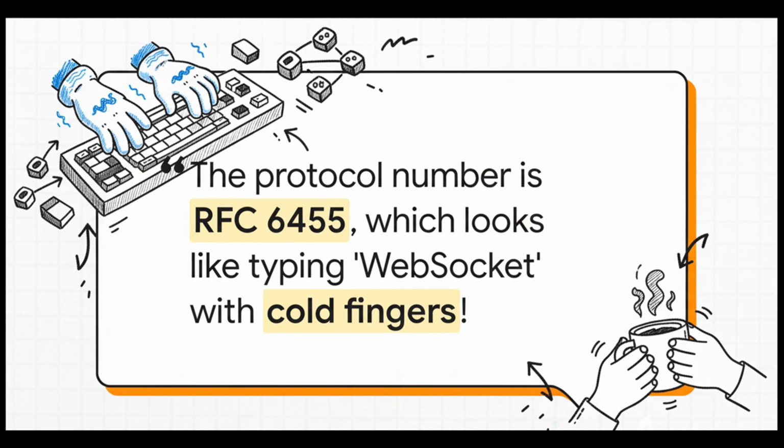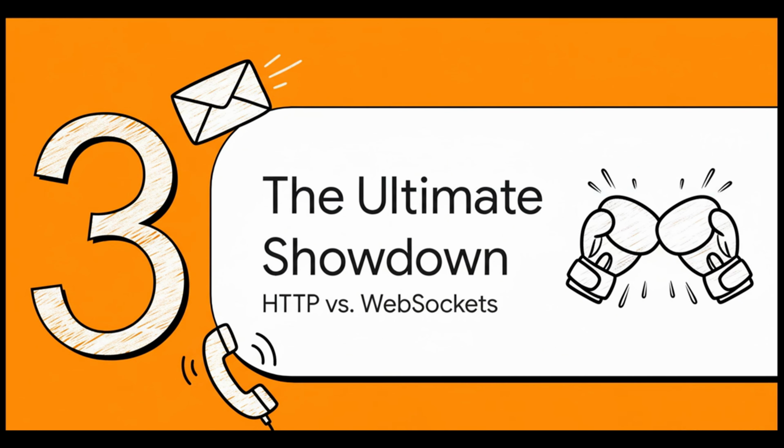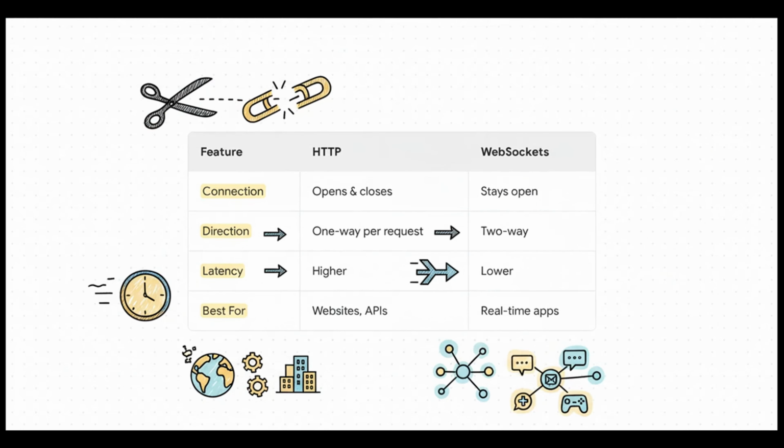Okay, so we have our two contenders, HTTP, the reliable postal worker, and WebSockets, the instant messenger. Let's put them side by side and see how they really stack up against each other. It's showdown time. This table really nails the core differences. With HTTP, every single request has that extra work of setting up a new connection, which creates higher latency, or delay.